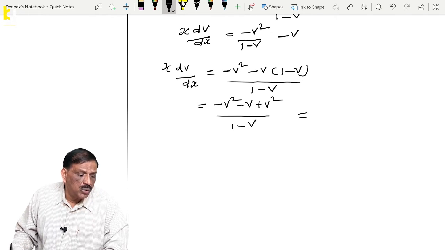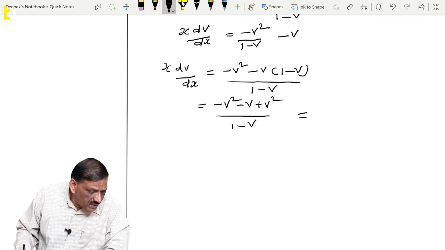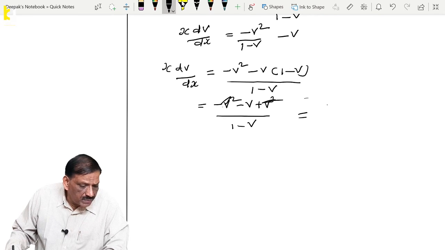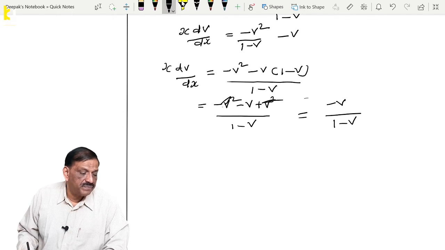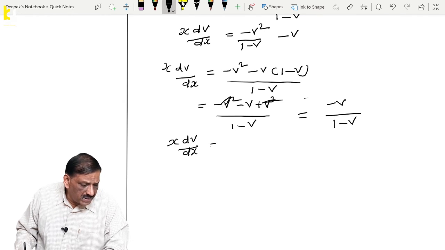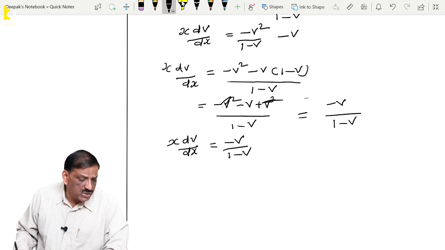That is equal to minus v square plus v square cancel. So this is equal to minus v divided by 1 minus v. That is x dv by dx equal to minus v divided by 1 minus v.